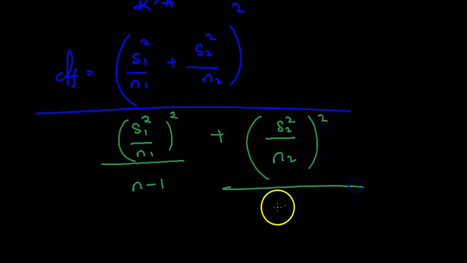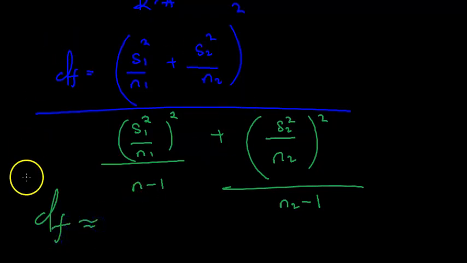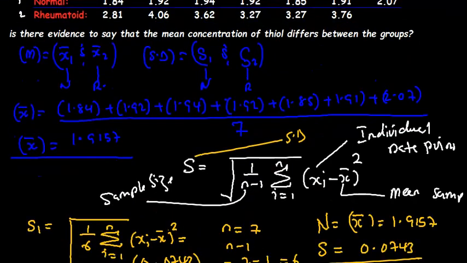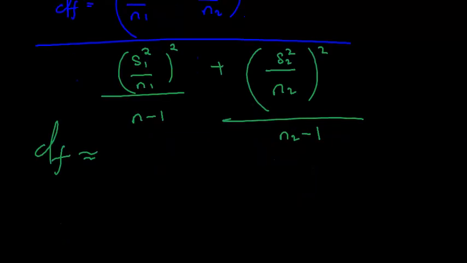Remember to put everything in square, divided by n2 minus 1. I promise you this time around also, if you plug in all your values, which I provided here, okay, I've deleted them. I have provided the values. Feel free to pull the video back. So you're going to end up with 10.